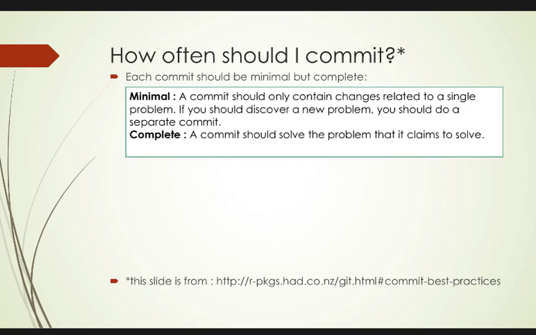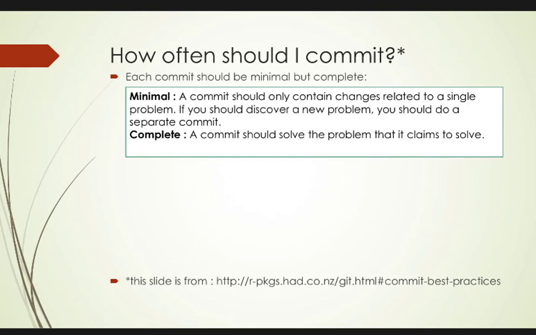So the commit should be minimal but also complete. By minimal, I mean that it should contain a single task. Like if you want to write a function, the commit should contain only the information about the function. Or if you want to draw a plot, you have to make the plot complete and then commit it.